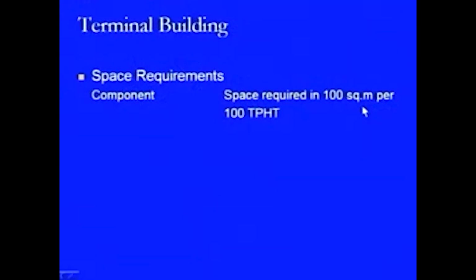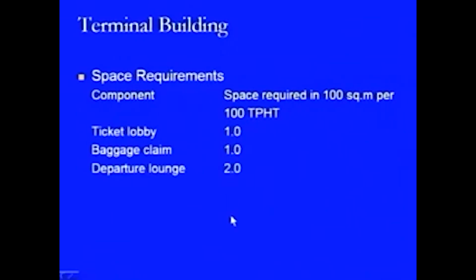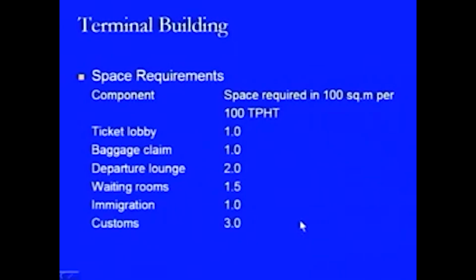Then for different components, we take the space required in 100 square meters per 100 TPHP, and in the case of ticket lobby it is taken as 1.0. For baggage claim it is 1.0, means 1.0 is the multiplicative factor. So, it is 100 square meter per 100 TPHP. Then it is departure lounge, it is 2.0, waiting rooms 1.5, immigrations 1.0, customs 3.0.